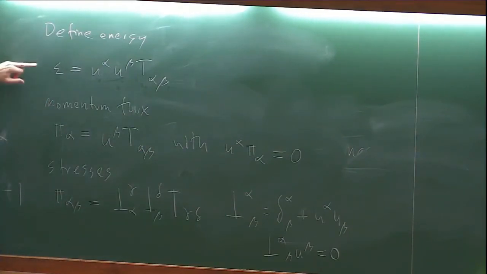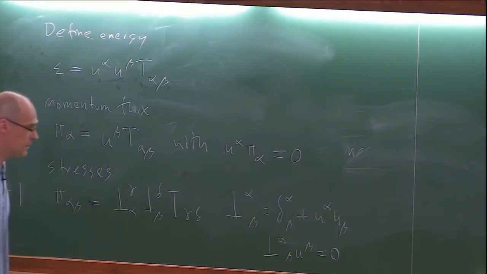So the trick goes, define the energy, because you know the time component according to this flow is the energy. Pick up the energy flux or momentum flux relative to this observer, and then whatever is left, just call it stress. And if you feel stress after me writing down this, don't worry, this is messy, okay? So this is a decomposition that goes back to originally Richard Tolman, I think, in his book on relativity.